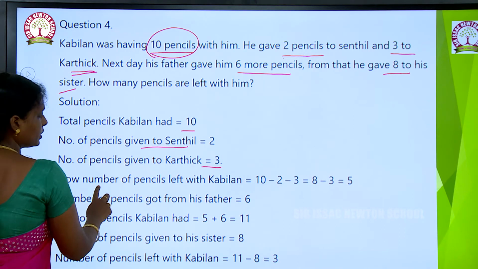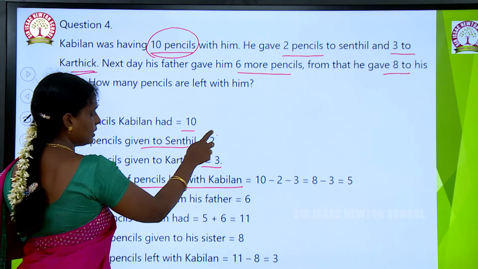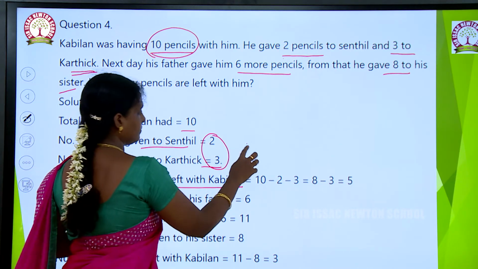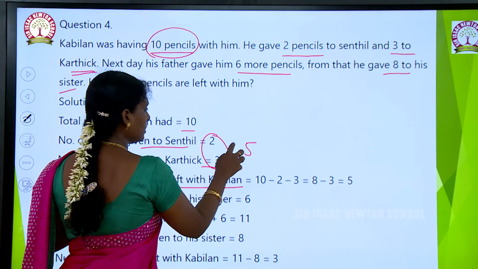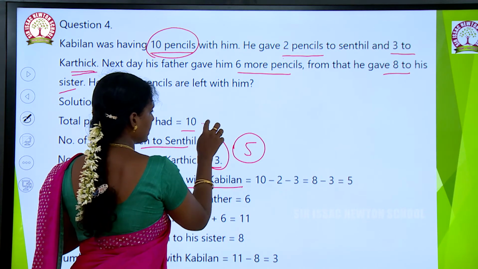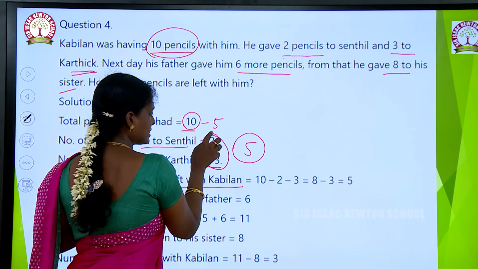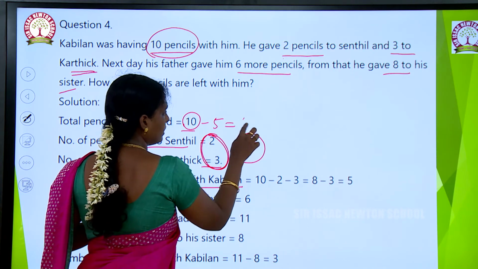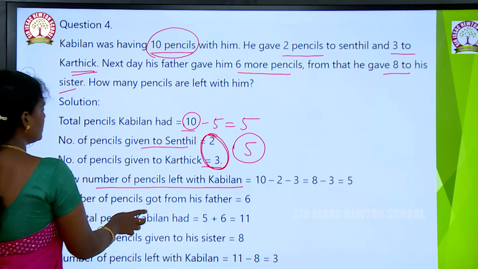So now the number of pencils left with Kabilan. For this you have to add these two, right? If you add these two you will get 5, right? 2 plus 3 will be 5. Now I am going to subtract this 5 from 10 because he is having 10 pencils and he has given 5 pencils, so he will have 5 pencils with him. Okay. Number of pencils got from his father.